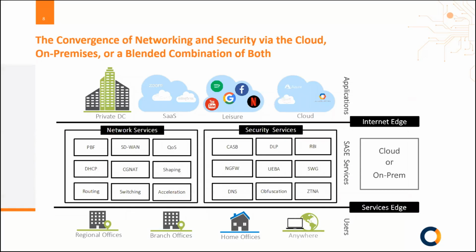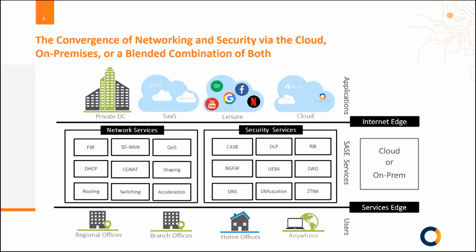So here we're going to have a look at how our solution covers all these aspects, and how the networking services and security services are provided as one converged service, facilitating access from regional offices, branch offices, home offices, anywhere, and to applications residing in the public cloud, private data center, or even SaaS, and how those applications are accessed, controlling the use of even legacy applications.